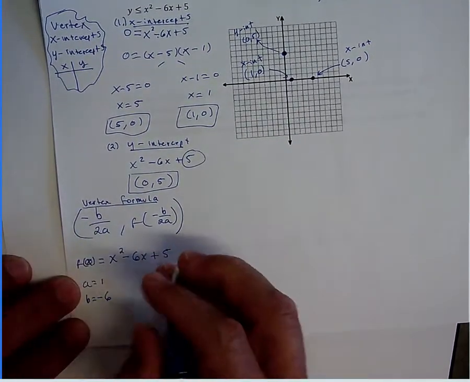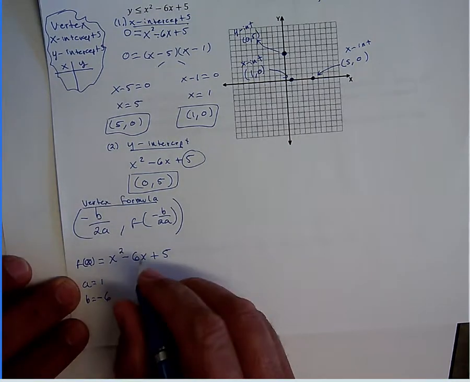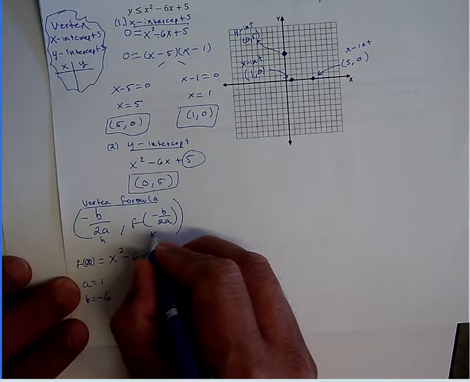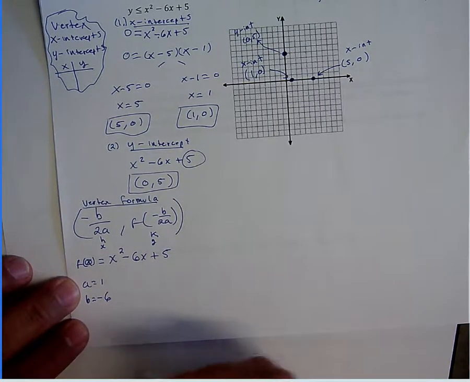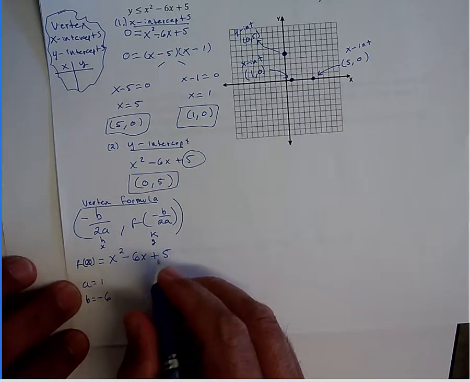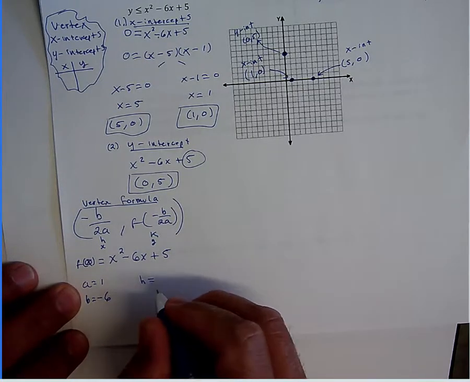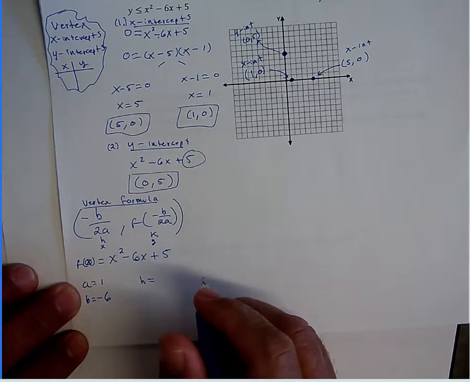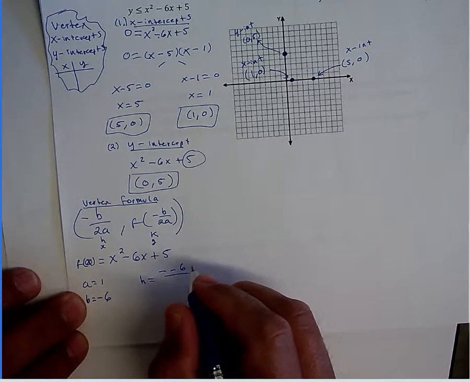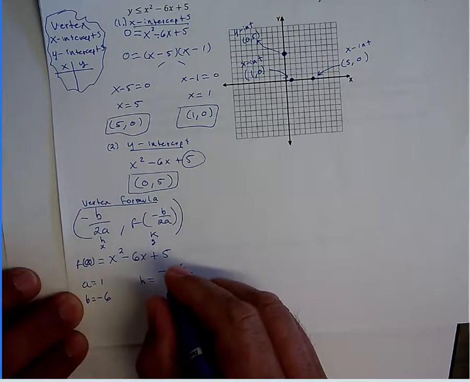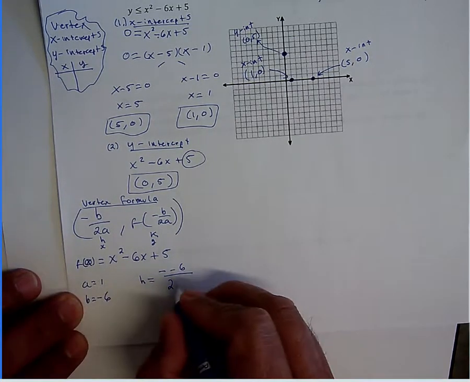So let's substitute here. Let's find the h. Remember, this is the h, this is the k, this is the x, this is the y of the vertex. So the h value is equal to that formula. So negative negative 6 over 2 times 1.